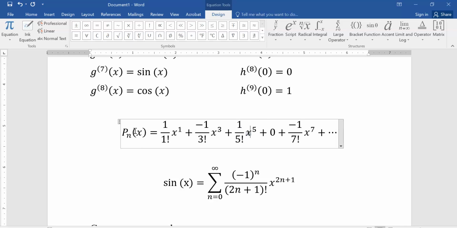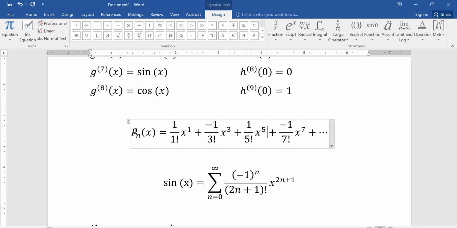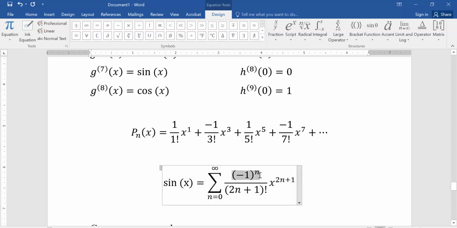In your Taylor polynomial. And this pattern is going to go on forever. We're just going to pick up the odd powers, and the numerators are going to jump back and forth between a +1 and a -1. Now, we knew what to do with that based on our example last time. Jumping back and forth between 1 and -1, we'll just put a -1 to the nth power in the numerator.